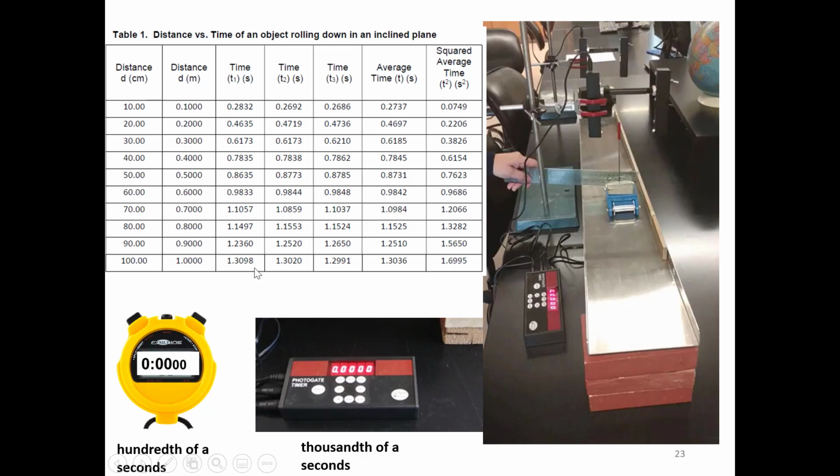Also, here I completed this table, and you can see here, in the case of the time, we had 4 decimal places in each measure. And this is why we also had 4 decimal places in the case of the average time. And also because I graph the time squared average time, this is why I also needed to add this column to the table.